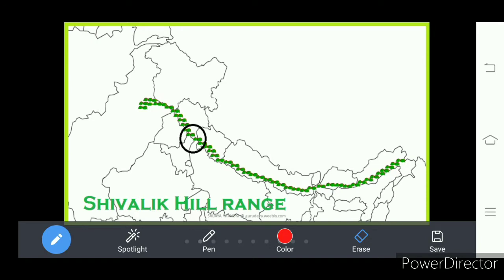And these Shivaliks once obstructed the rivers flowing from the Greater Himalayas. We know that this is the second range, the Middle Himalayas, and to its north is the Greater Himalayas.